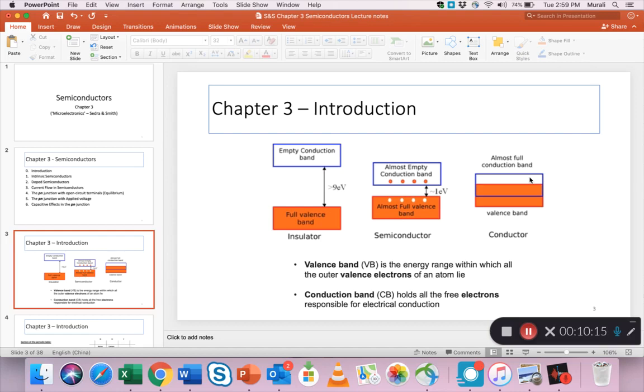And some electrons from the valence band can make it to the conduction band. Not all the electrons can do that, but some can. And only in real conductors like copper, it's very easy for these electrons in the valence band to go to the conduction band and then become part of the current flowing in the wire.